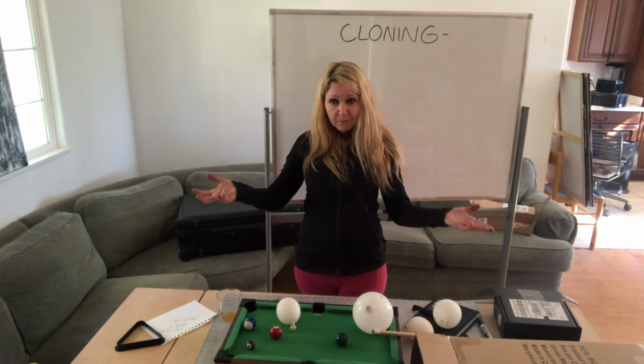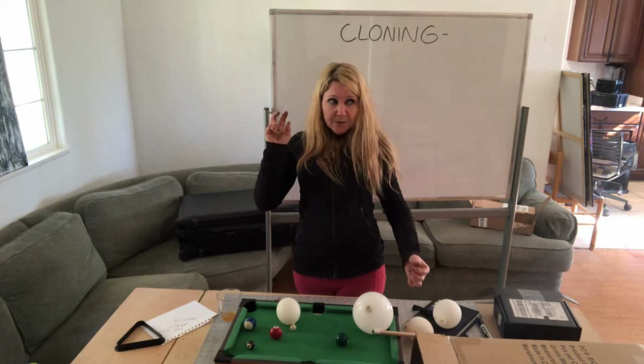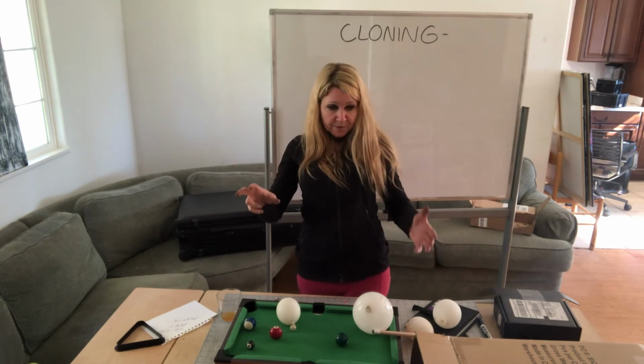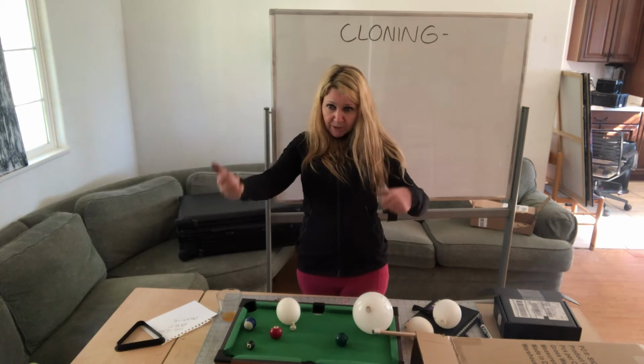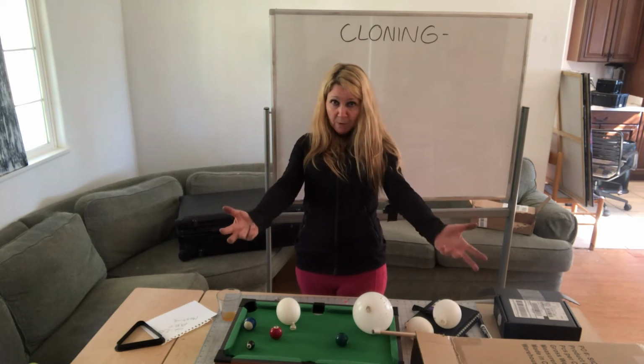It could be cow C, or it could be cow A or cow B. Then once it's inserted in the uterus, it's going to keep dividing and develop into an embryo. So it's going to develop into a baby cow.